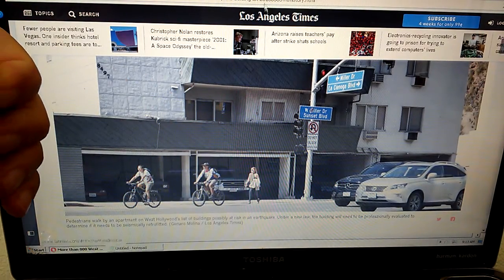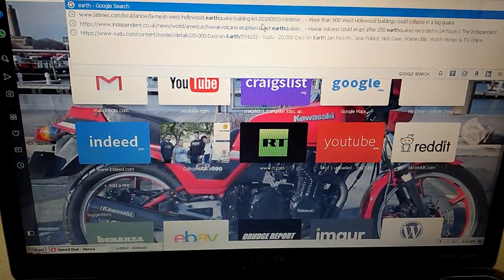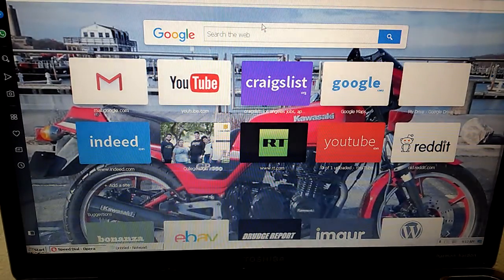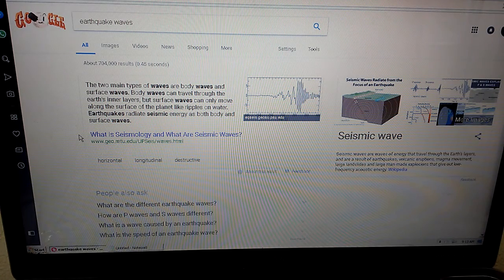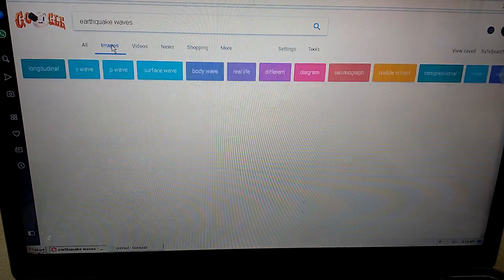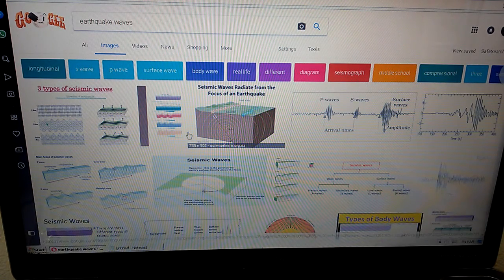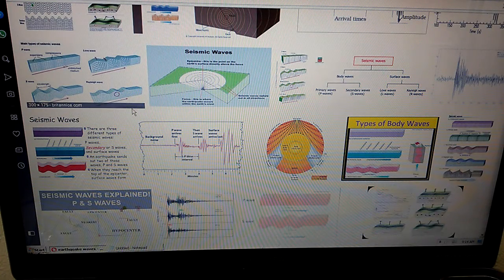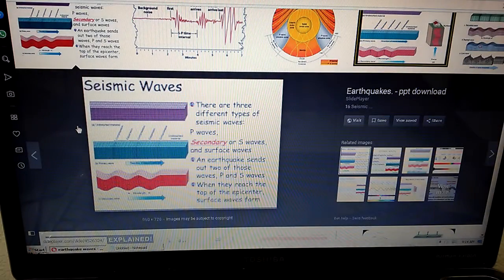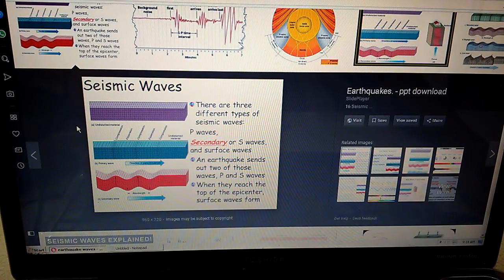How many different types of earthquake waves are there? I want to say there's three: P waves, S waves, and surface waves.